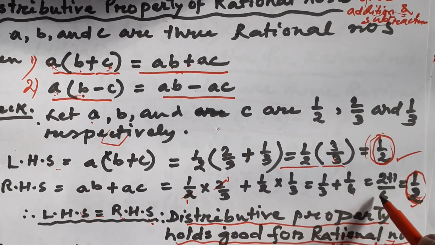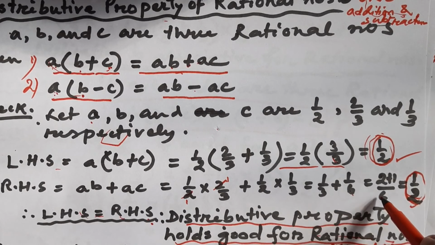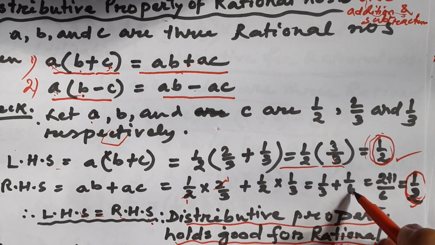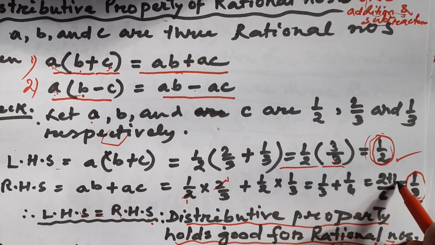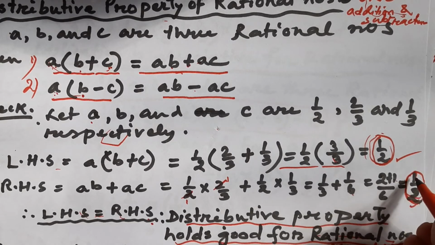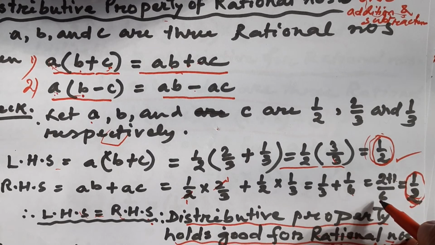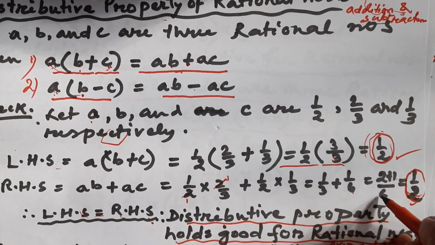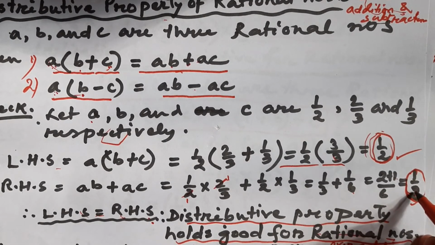So here LCM will be 6 and 3 goes to 6 2 times. So 2 1 is 2 and 6 goes to 6 1 time, so 1 1 is 1. So 2 plus 1 is 3 and here it is 6. So 3 and 6 can be divided by 3. So 3 2s are 6, so it will be 1 by 2.